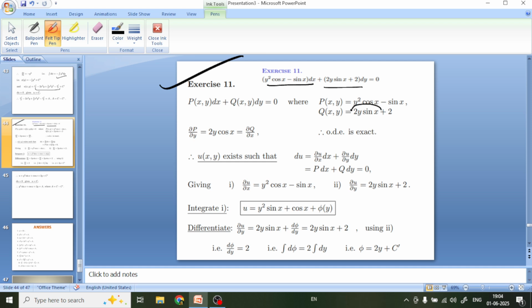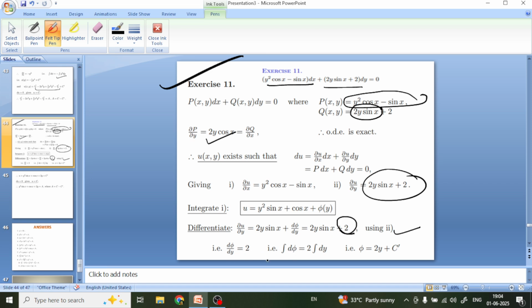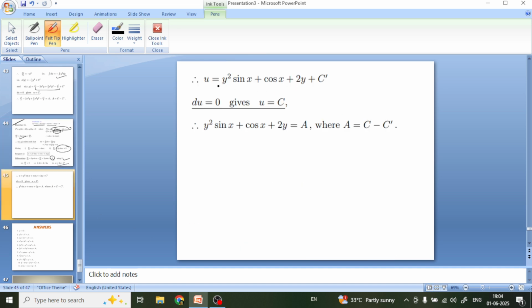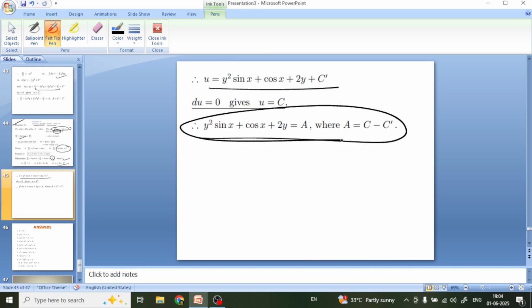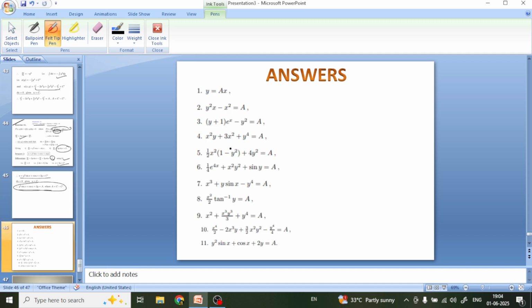First take this value's differentiation, and it will be equal to this, and after that find out this integration, and find its differentiation by using the second equation, and after that put the value d over dy phi is equal to, that is 2, and find its integration. You will find this, and when we compare you will find this, and all the questions' answers are given here.